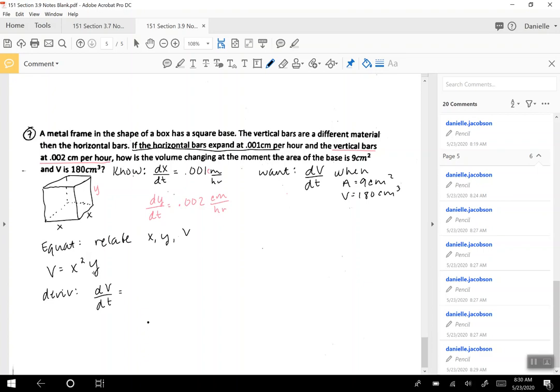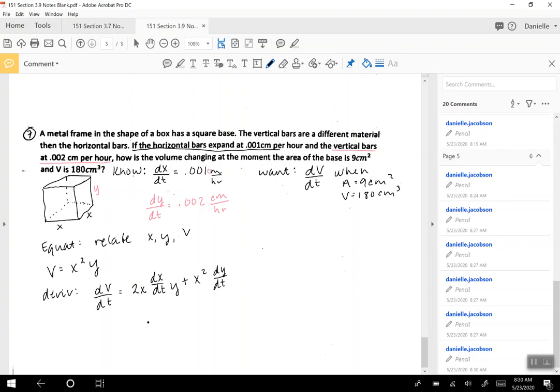The derivative of x squared with respect to t is going to require the chain rule. So the derivative of the outside is 2x. The derivative of the inside would be dx/dt. So that would be the derivative of the first times the second, times y, plus the first, x squared, times the derivative of the second, which would be dy/dt.